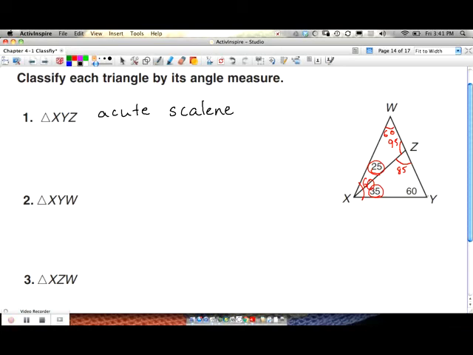We got 60, 60, 60. XZW is just the top triangle. That's scalene, but this time it's not acute, it's actually obtuse. So we've got to consider that. Why? Because we have this angle right here that's 95 degrees. It's greater than 90, so it's obtuse.